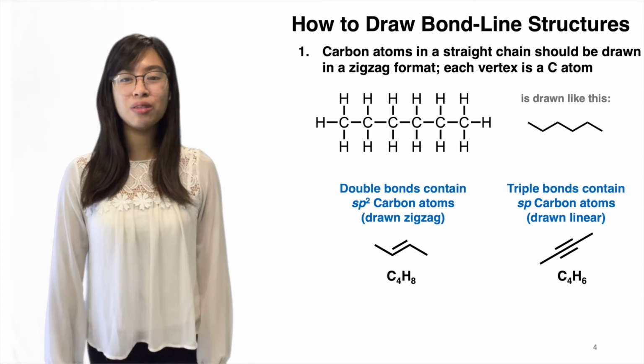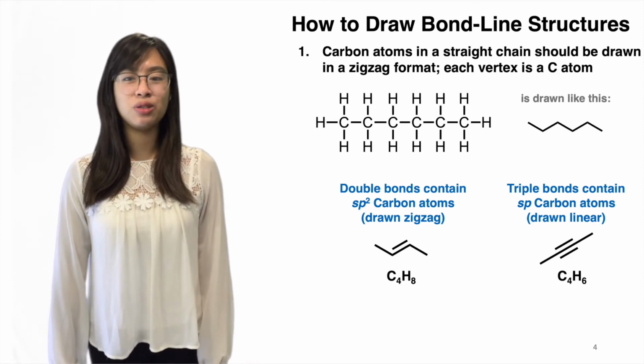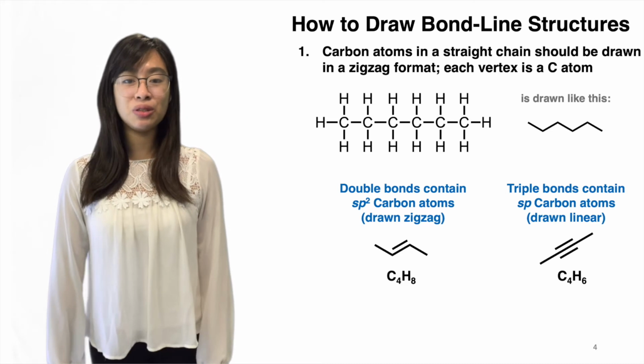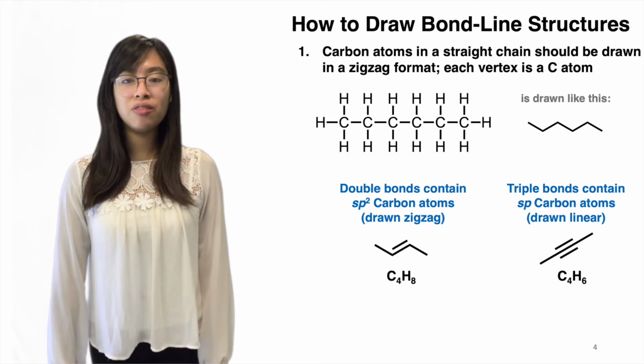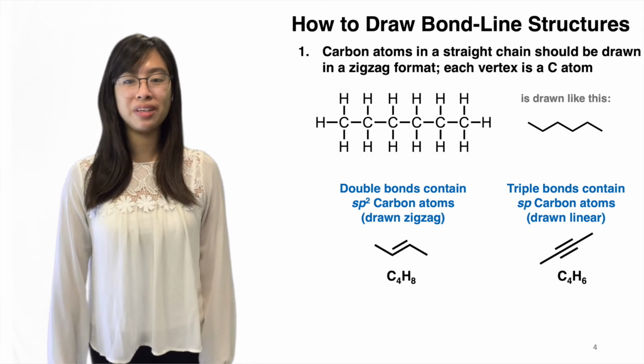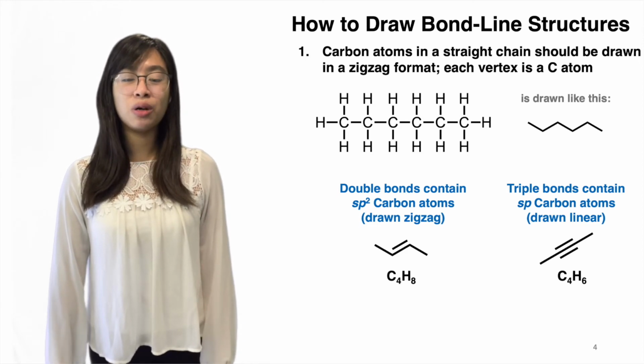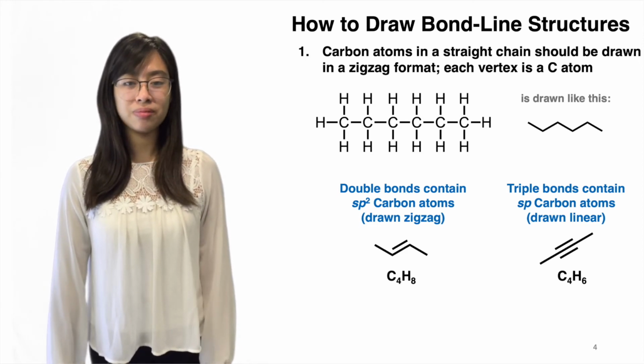Notice that no hydrogen atoms are drawn in a bond line structure. Rather, it is assumed that each neutral carbon atom is bonded to enough hydrogen atoms to complete its octet, having a total of 4 bonds.